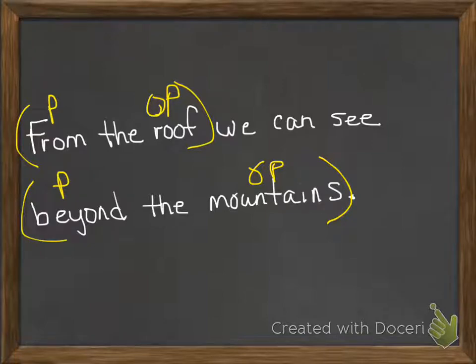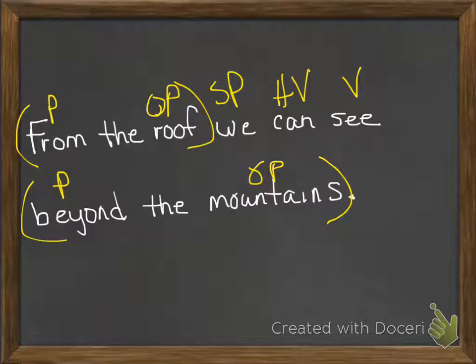Okay? This is number 10. So we have two phrases and we need to see if it modifies our subject noun, or if it modifies our verb. So let's go to the core of our sentence that we have left and analyze it. Who can see? We can. Subject, pronoun. What is being said about we? We see. Verb, can, is helping the verb see.